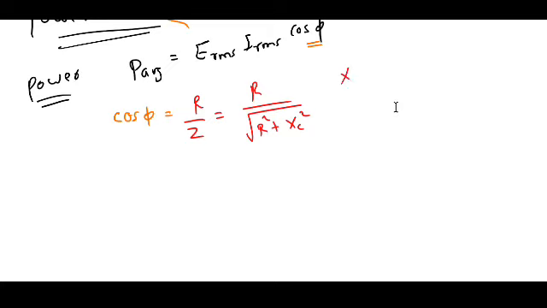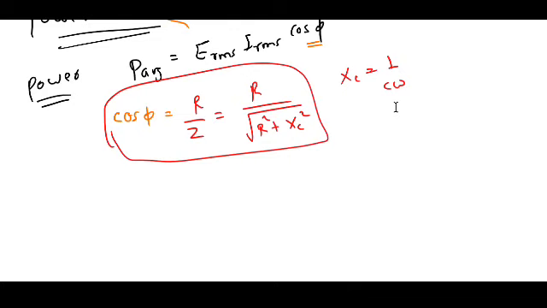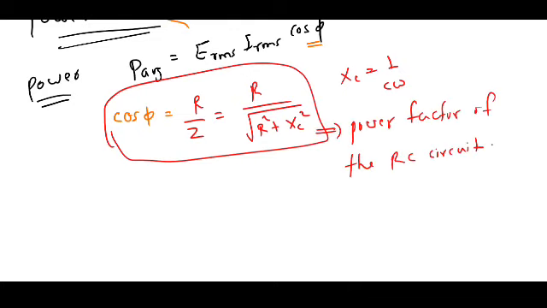If you are interested, you can write Xc in terms of 1 by C omega. A lot of numericals can be asked in competitive examinations based on this power factor and the impedance, etc. Therefore, cos phi is equal to R by Z. This is the power factor of the RC circuit.